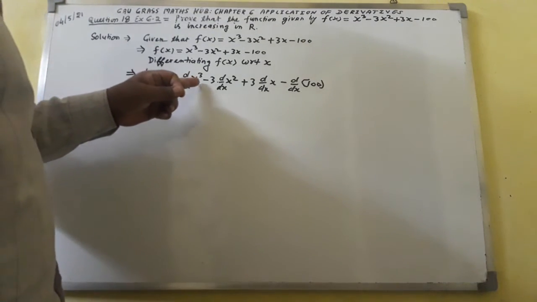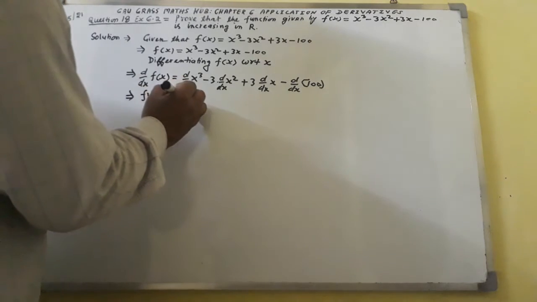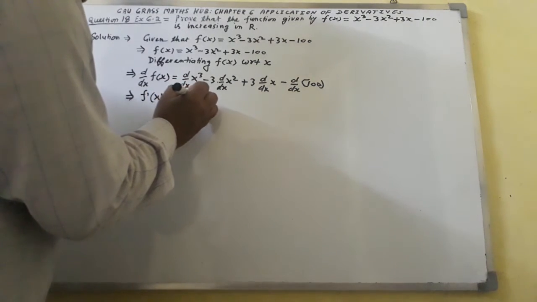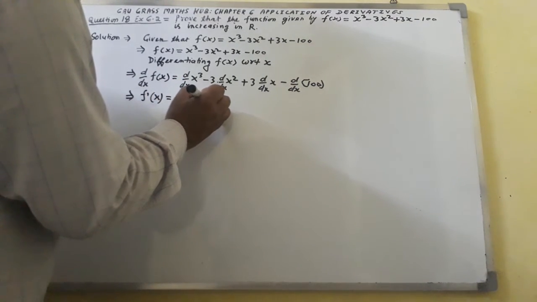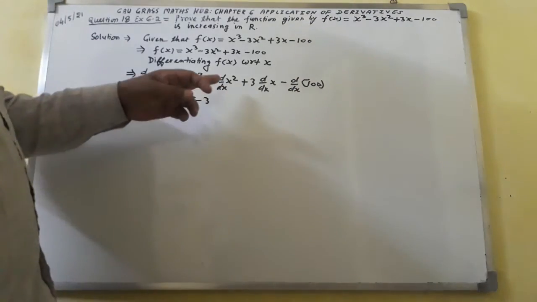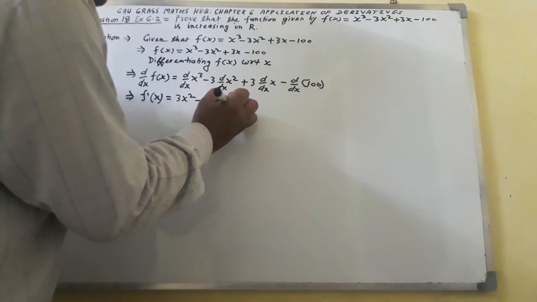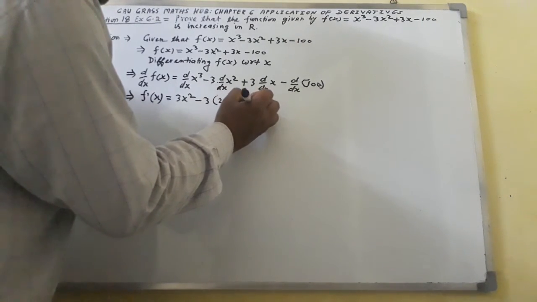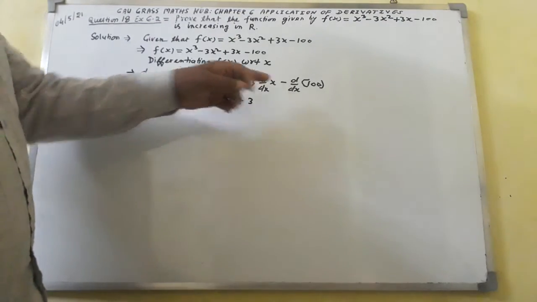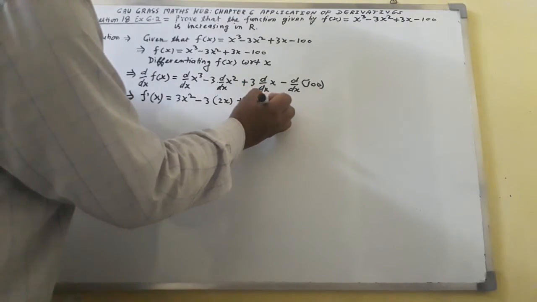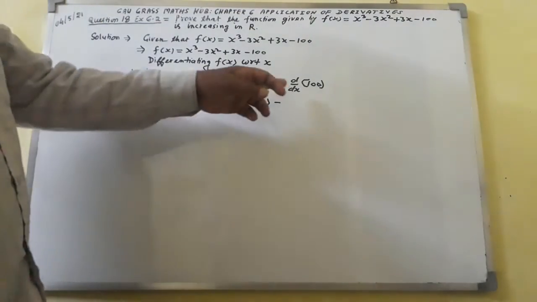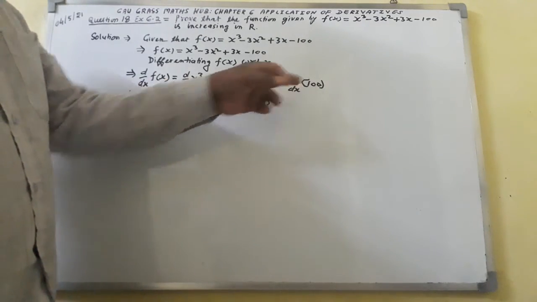d over dx of x cube comes out to be 3x square, minus 3. Here d over dx of x square comes out to be 2x, plus 3. Here d over dx of x comes out to be 1, minus d over dx of 100.